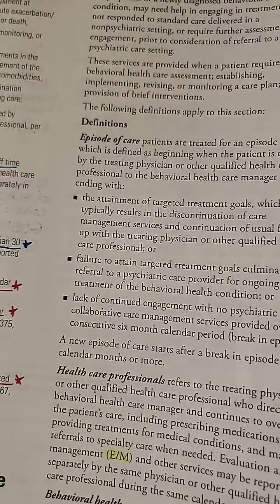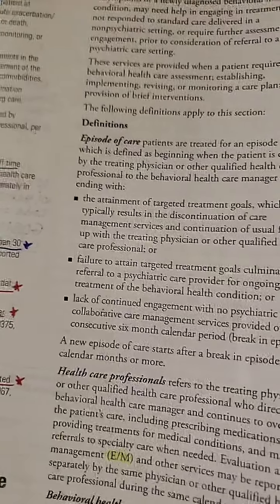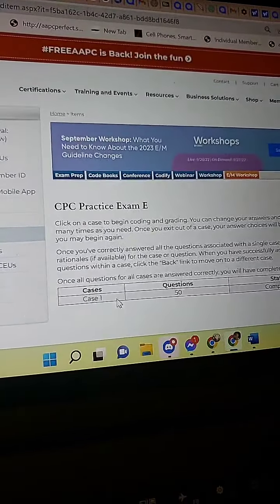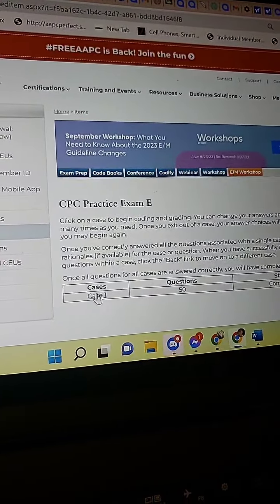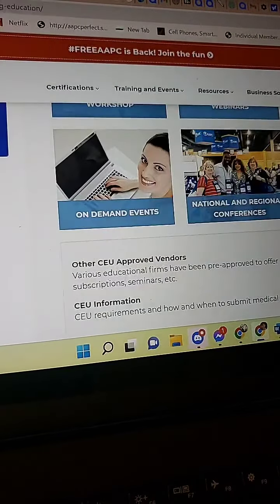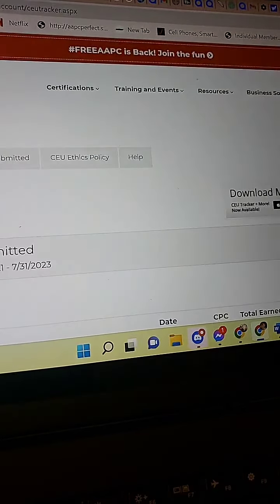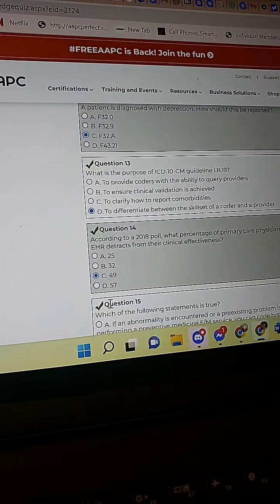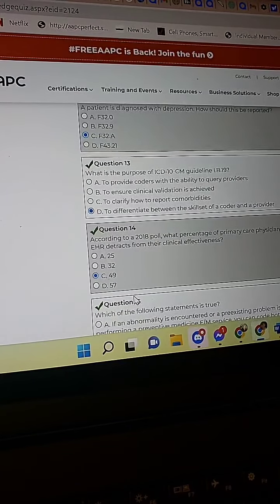If you are not getting 90% on those exams, and I'm talking about these little things that you buy, the 50 questions each, and you go through and answer them all, and you are at 90%, then great. If you can get all these green check marks, and you're doing the monthly magazines and getting 90%, then you're good to go.